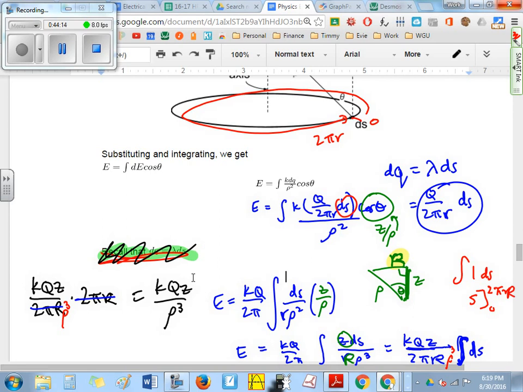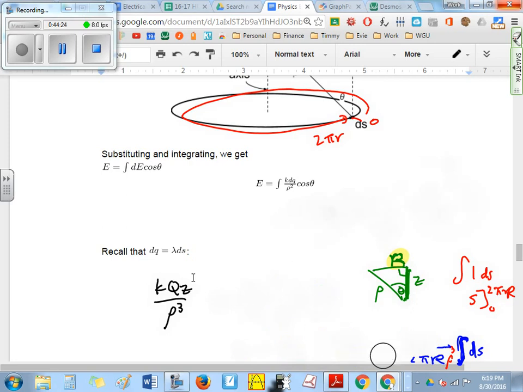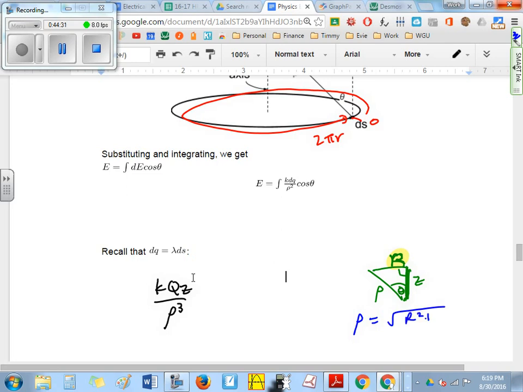Because we may or may not know rho, we may know R and z instead. You could use the Pythagorean Theorem to write this one more time. Technically, rho here is the square root of R squared plus z squared.